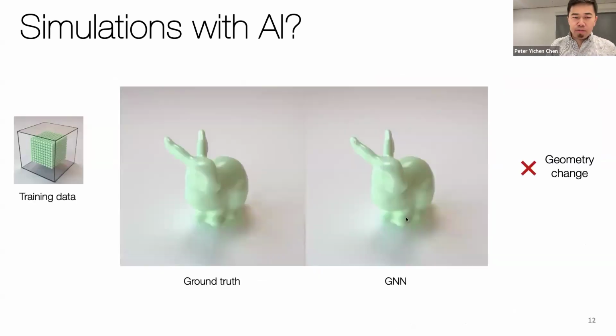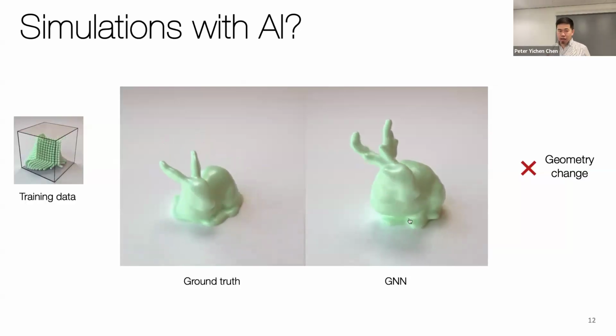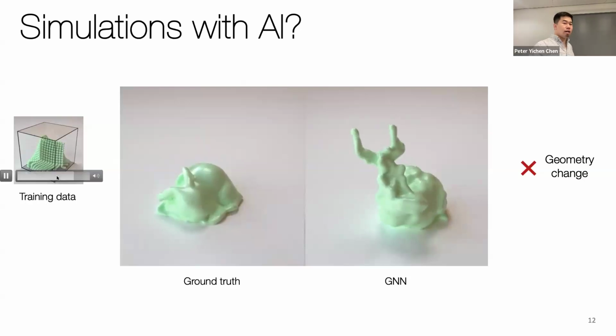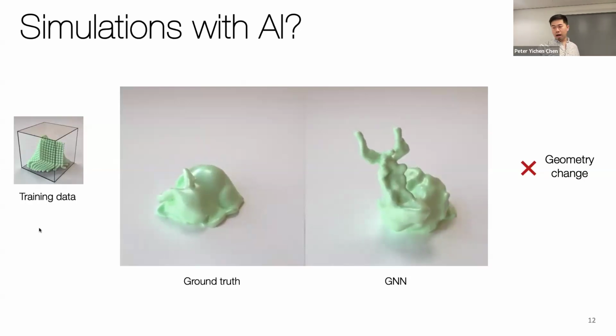But we did find that this paper has some limitations. So for example, as you can see that when you train on data, like this cube data on the left, it doesn't quite generalize to a different geometry, right? Let's say we want to change the geometry, not a cube, but something else, right? Because in design problems, often we want to vary the shape, the mesh, but then the simulation just failed.